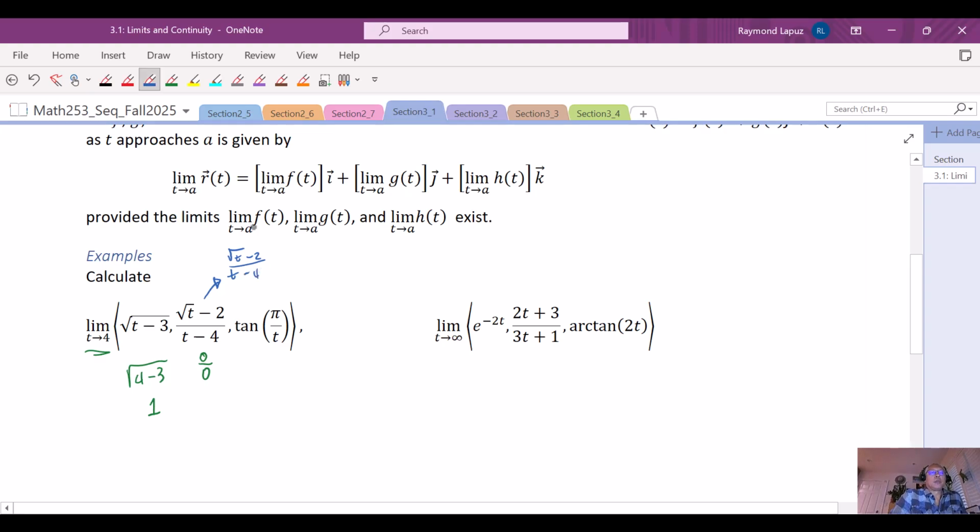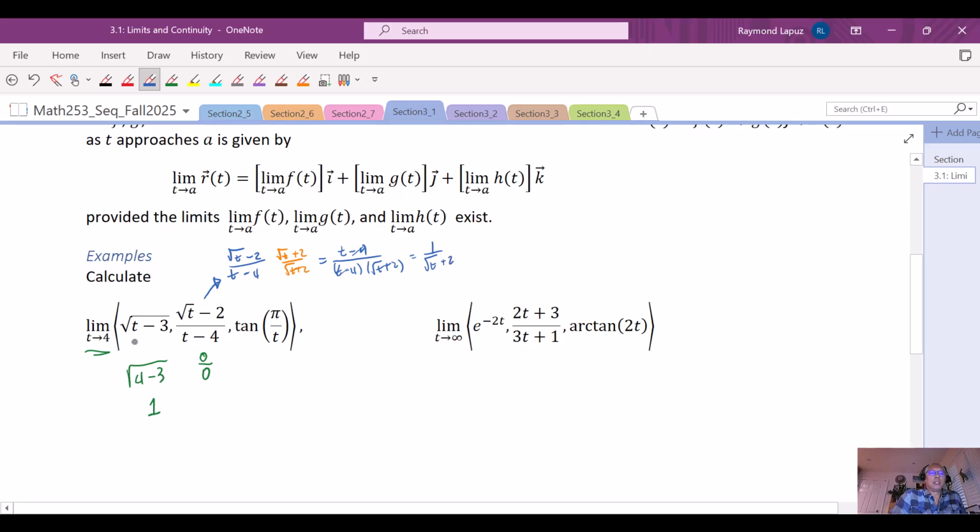And then let's multiply this by root t plus 2 divided by root t plus 2, and that will, quote, rationalize the numerator. And what we will have left there is a t minus 4 on top, divided by t minus 4 times root t plus 2. So the t minus 4 should cancel, and you have 1 over root t plus 2.